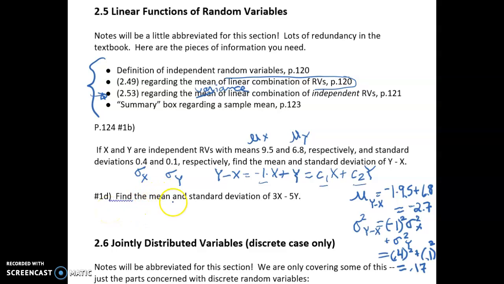If we wanted to find the mean and standard deviation of 3X minus 5Y, similarly, I'm not going to work it all out this way.